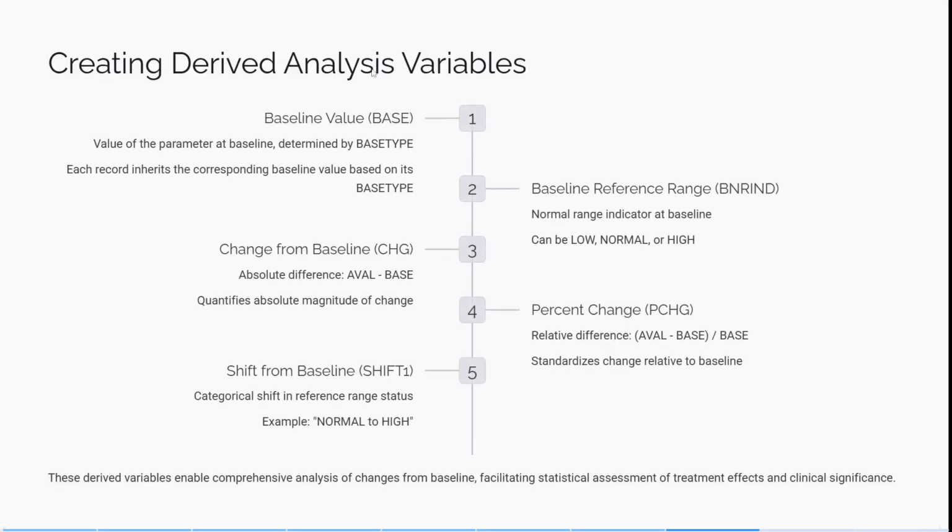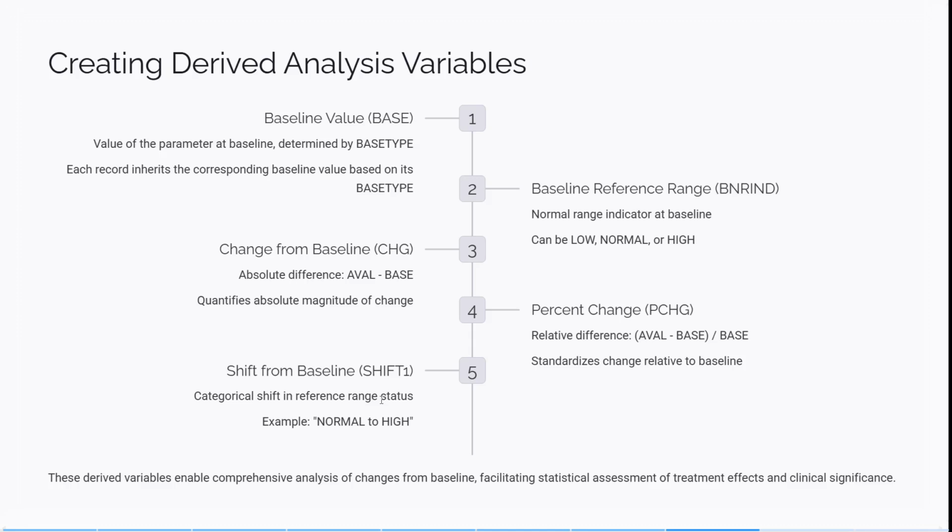So creating the derived analysis variables. The baseline value: the value of the parameter at baseline determined by base type. Each record inherits the corresponding baseline value based on its base type. So the baseline reference indicators: normal range indicator at baseline can be low, normal, or high. Change from baseline: absolute difference, AVAL minus BASE, quantifies the absolute magnitude of the change. The percentage change: relative difference, AVAL minus BASE divided by BASE, standardized change relative to the baseline.